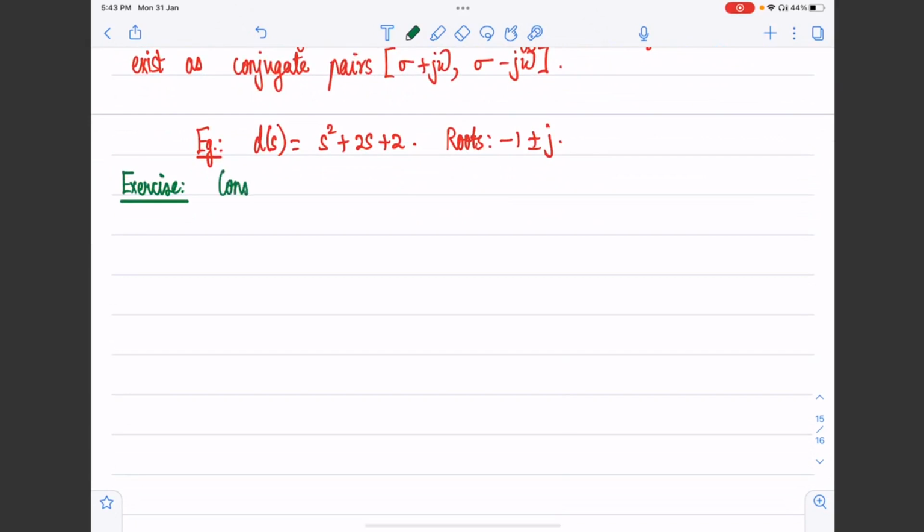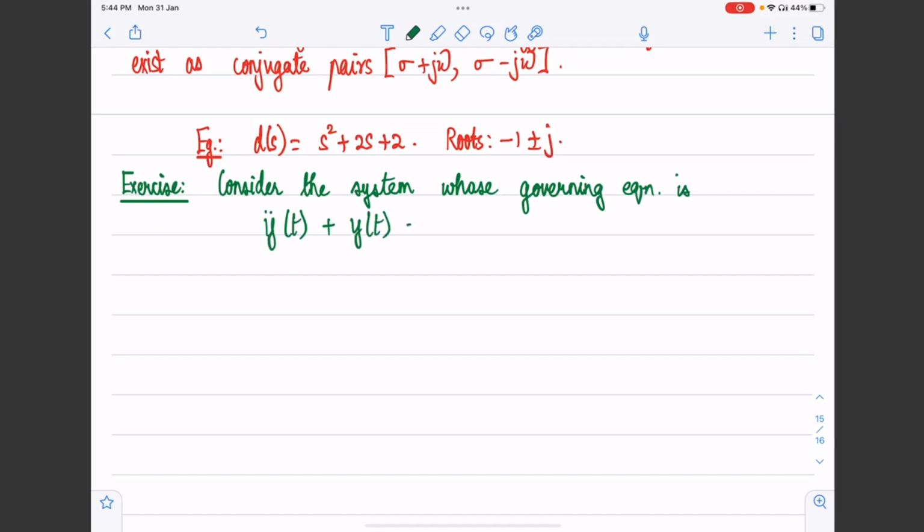Consider a system whose governing equation is y double dot of t plus y of t is equal to u of t. Of course, the first part is to find its transfer function.